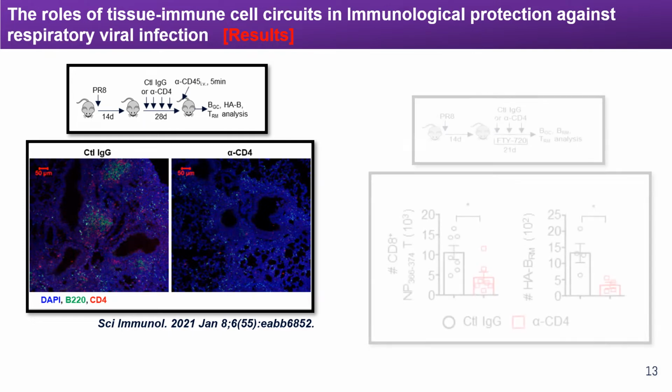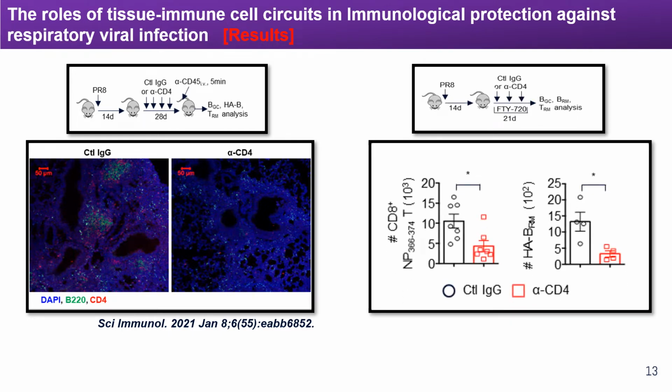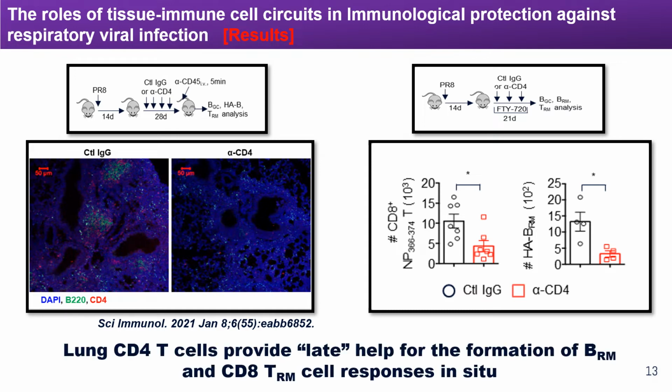With a similar experimental design, I treated with FTY720 reagent, which blocks cell circulation, to observe only the local events while minimizing the circulating cell effect. In this condition, both antigen-specific CD8 TRM and BRM were significantly reduced, even though only CD4 T cells were depleted. So the data suggests lung CD4 T cells provide late help for the formation of BRM and CD8 TRM cell responses in situ.